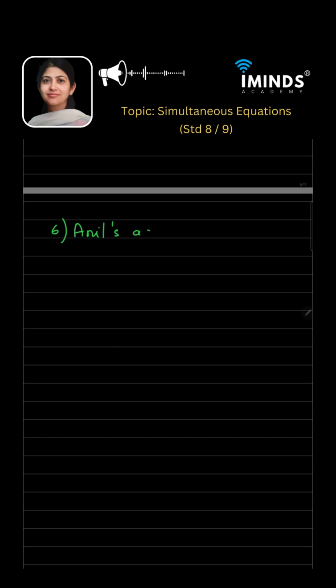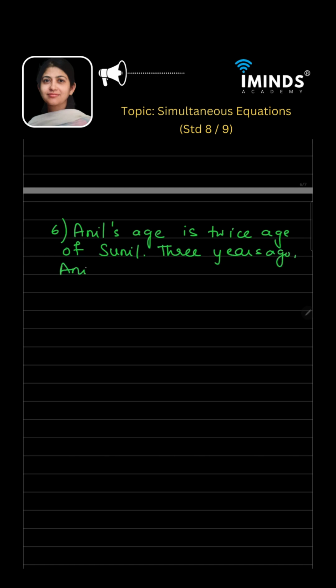Anil's age is twice age of Sunil. 3 years ago, Anil was thrice the age of Sunil. Find age of Anil. Okay.